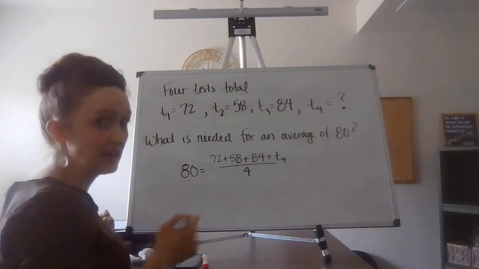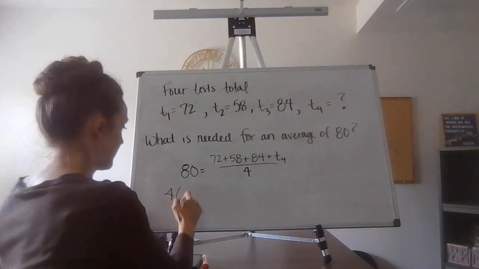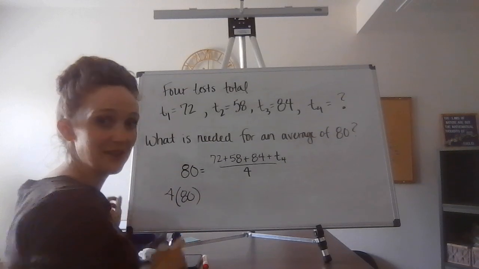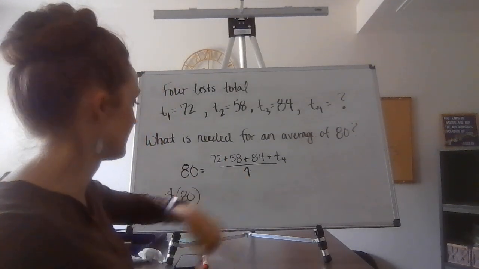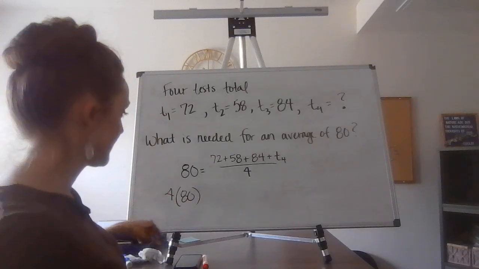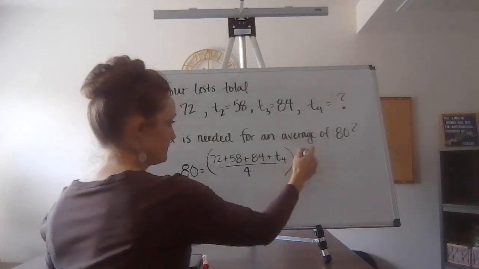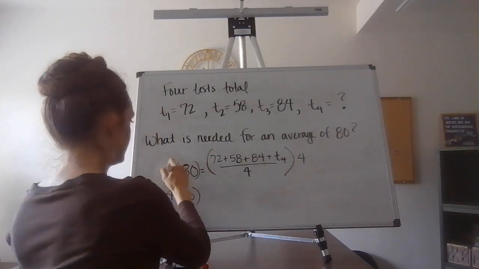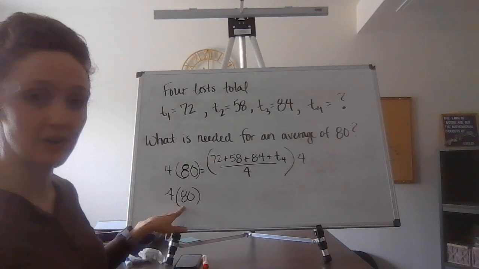If we'd gotten 80 on all of them, we would know that the average was 80. So think about it as 4 80s. This is how we solve an equation in one variable when we have division anyway. We're undoing this operation of division. So I'm going to multiply on both sides by 4. That cancels this division by 4 at the same time that I'm multiplying by 4 on the left side.